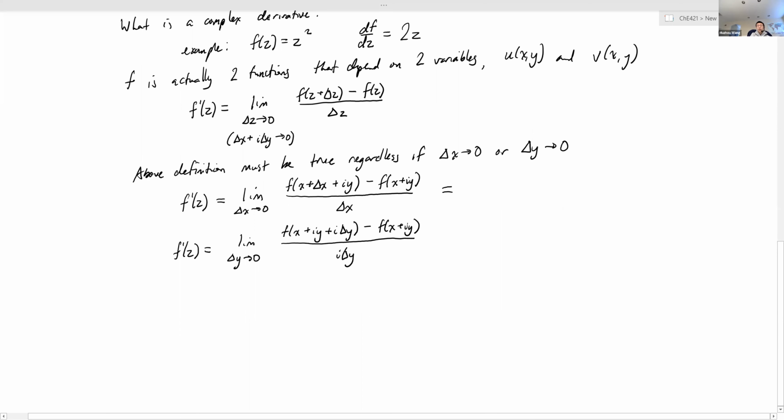Let me go ahead and simplify this a little bit, but I just want to remind you that what we actually have here is a function of two variables, right? Of the real component and the imaginary component. And so an equally valid way of writing this first quotient here is that.